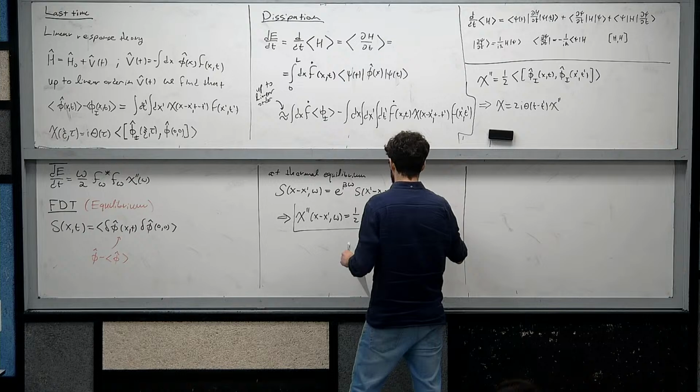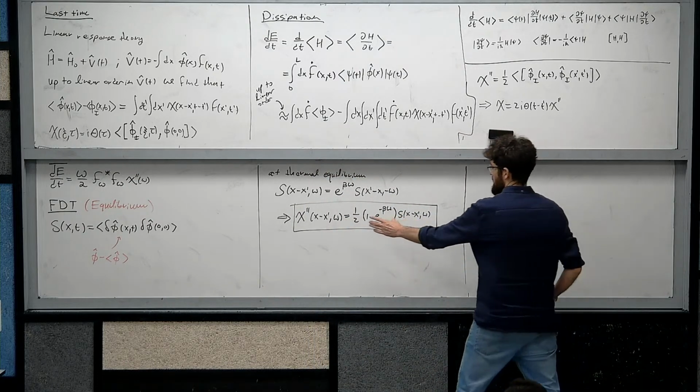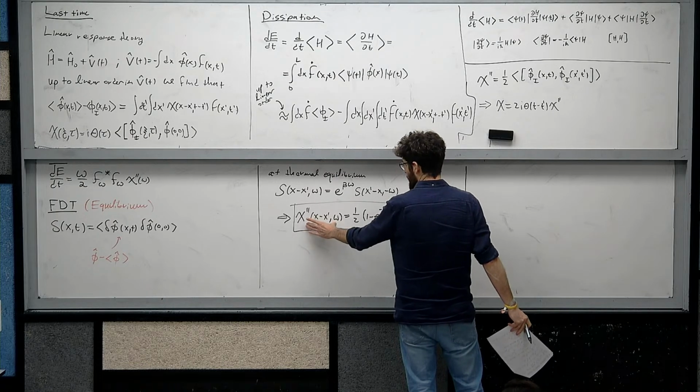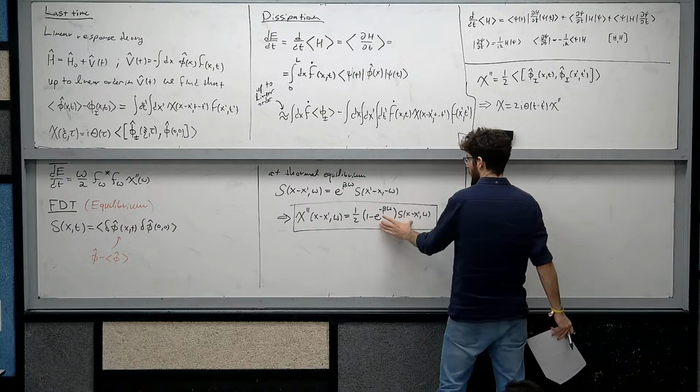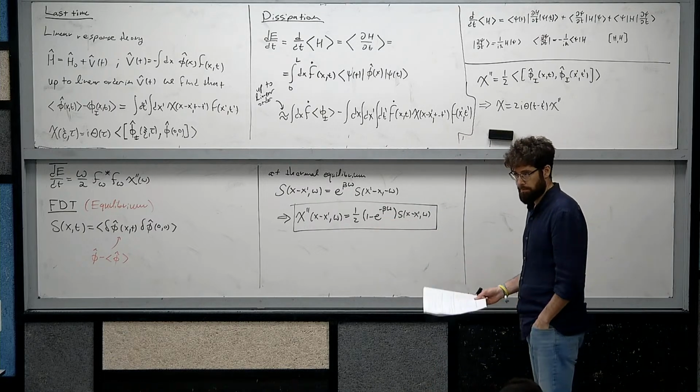And this is known as the fluctuation dissipation theorem. It's a direct connection between the dissipative part of the response function, which is the response to the drive, and the equilibrium fluctuations.